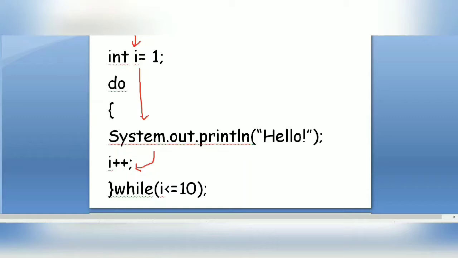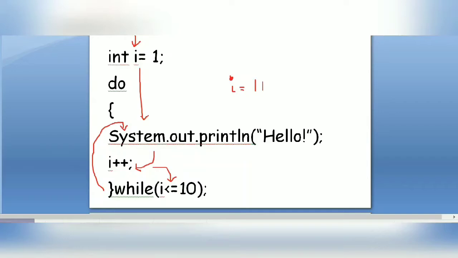Now after the updation, it will go for the loop condition checking, is whether I is less than equal to 10 or not. So it will come for the condition, and if the condition is correct, or if it is true, it will go back to the working of the loop again, and this process will continue until I becomes 11.